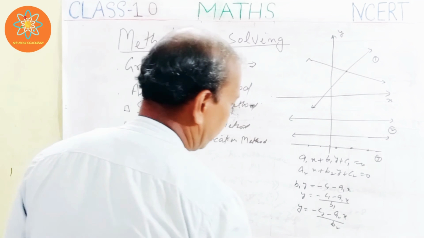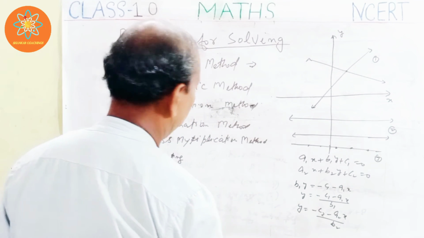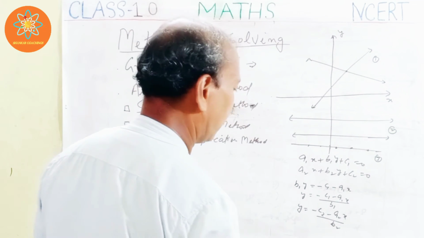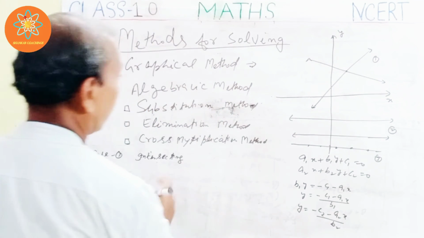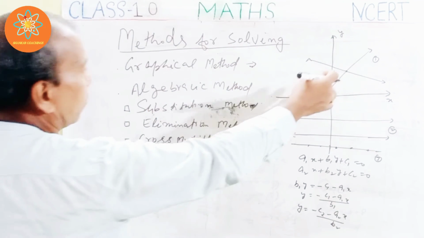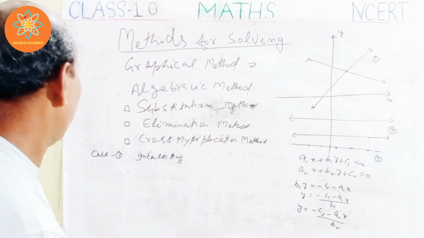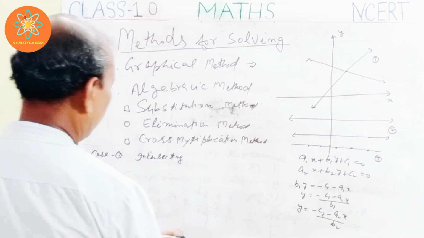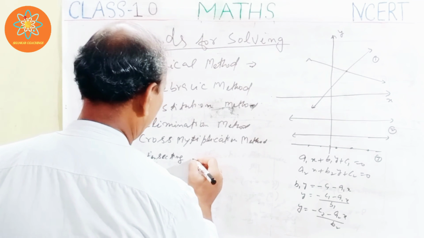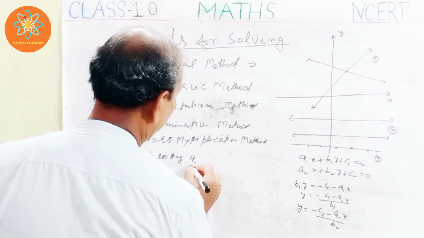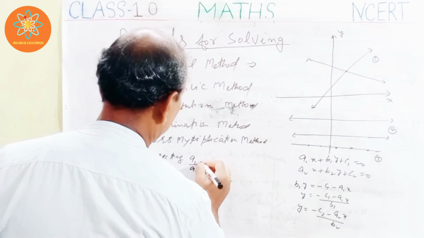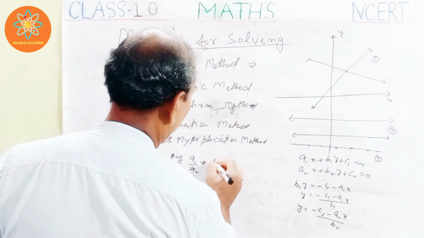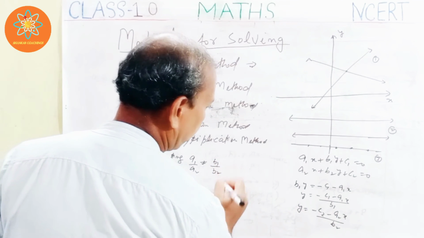Intersecting. For the case of intersecting, it is cutting at one point. So if it is intersecting, that means A1 by A2 is not equal to B1 by B2.